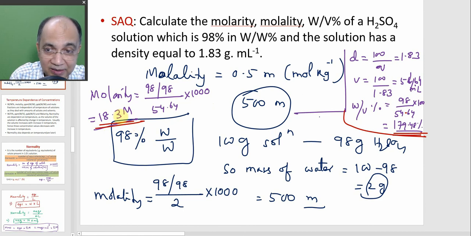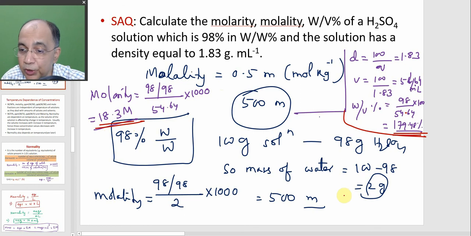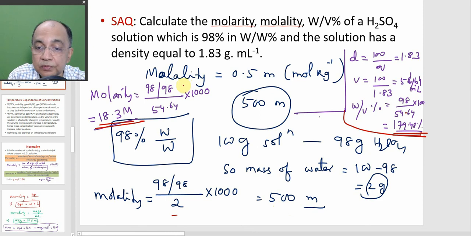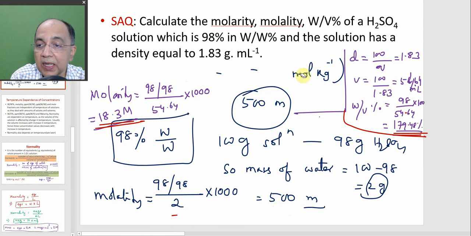This is another answer. Then to find molality. Where have I got molality somewhere here? Where is molality? Now molality is here. Molarity is here, so I don't know why I have written this. I don't understand. So the molality is here. Number of moles same as molarity.